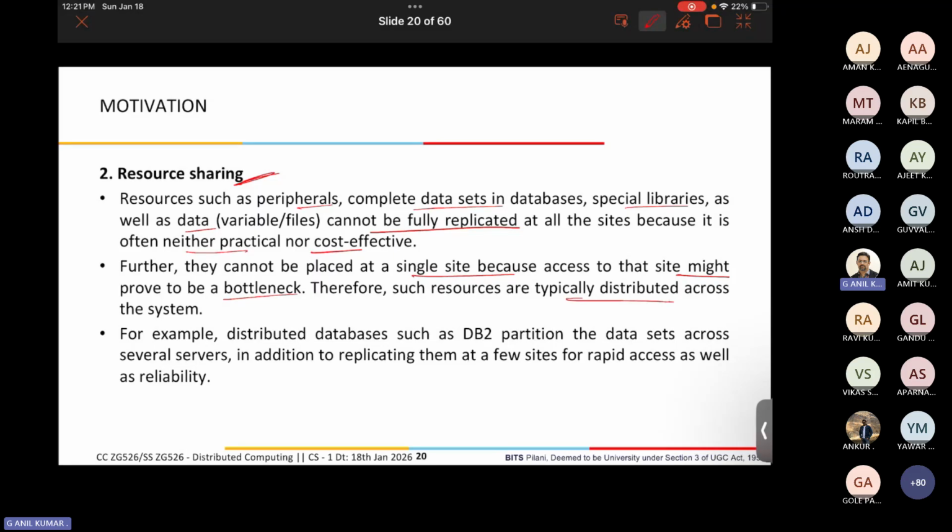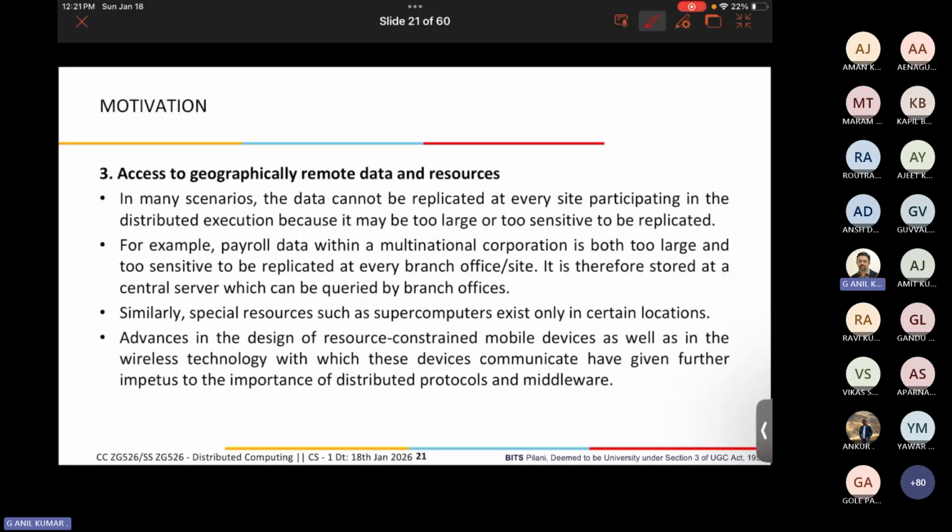For security and safety concerns also, they are distributed. Distributed databases such as DB2 partition the data set across several servers, in addition to replicating them at a few sites. Just an example. Access to geographically remote data and resources, as discussed: collecting the data from different locations, maintaining the data across different locations, and processing them at different locations will all be possible because of distribution.